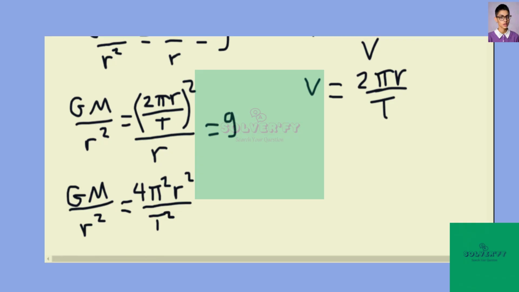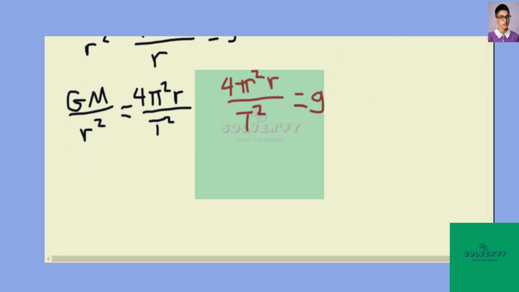But some of the r's will cancel out, and we've got 4 pi squared r over T squared. And then I also want to write this in a different color: 4 pi squared r over T squared equals g. So now I've got two different equations.